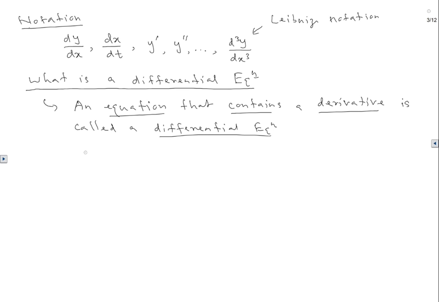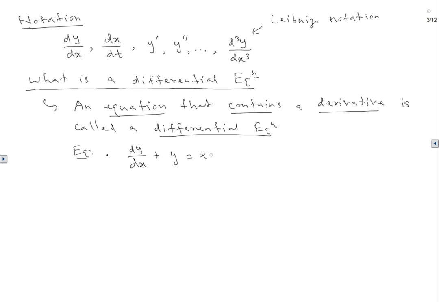Let's look at some examples. Examples are dy over dx plus y equal x, and you can see that it has a derivative and it is an equation, so it is a differential equation.